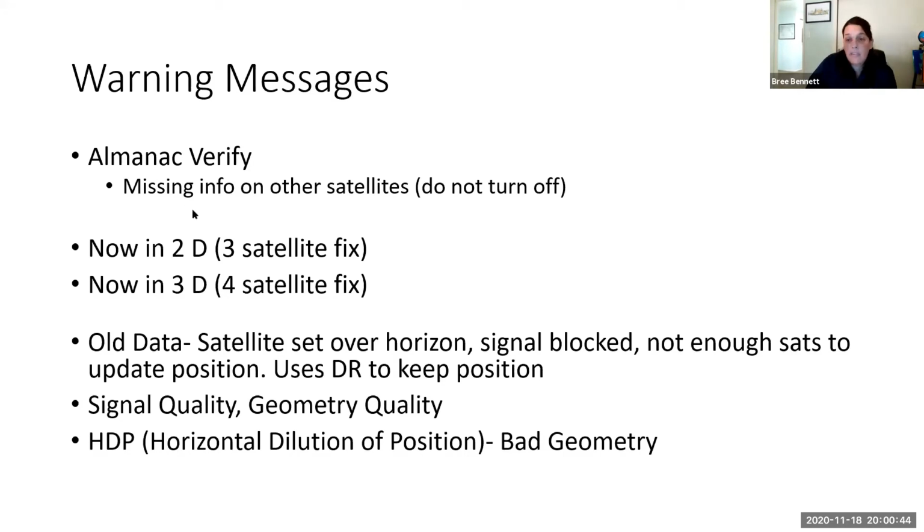To be familiar with some of what they mean, we have our almanac verify, meaning we're missing information on other satellites. So the almanac is the other satellites. You're still good. You don't have to turn it off, but you're missing information on other satellites that you're not currently using.